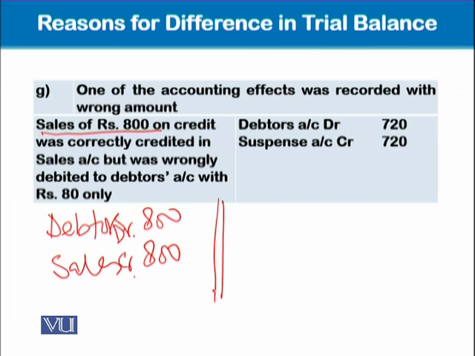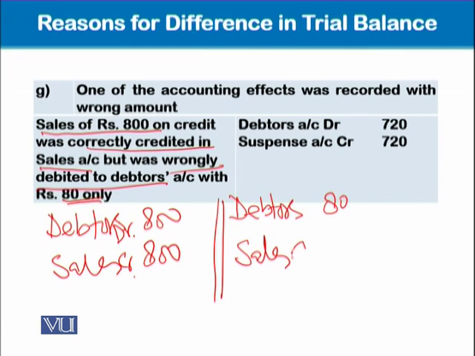What happened is it was correctly credited to the sales account but was wrongly debited to the debtors account with 80. So debtors were debited with 80 and sales were credited with 800.